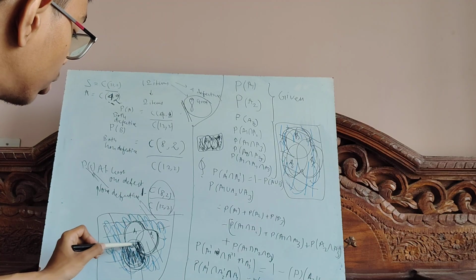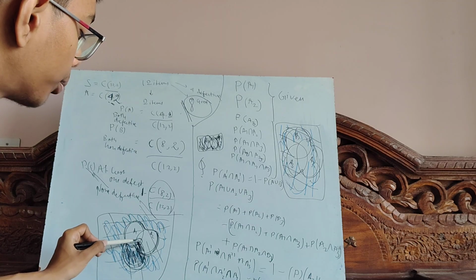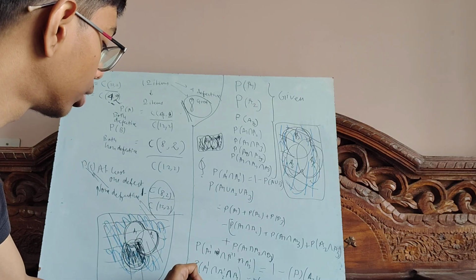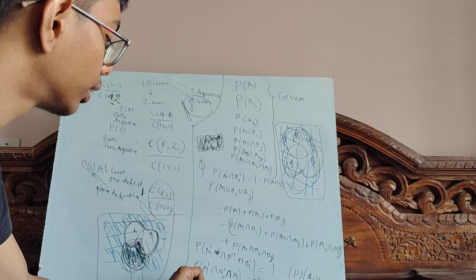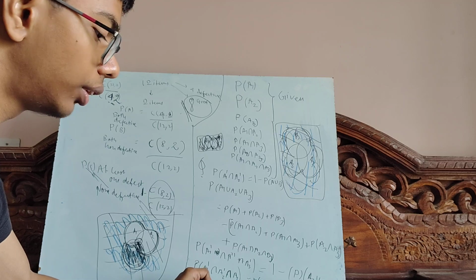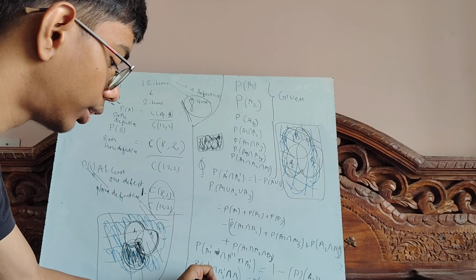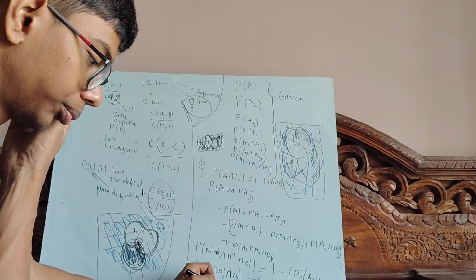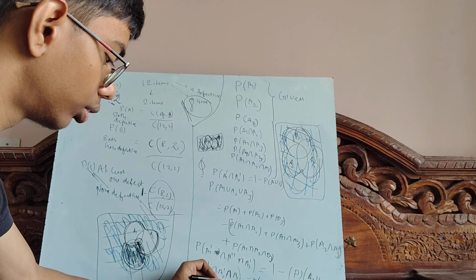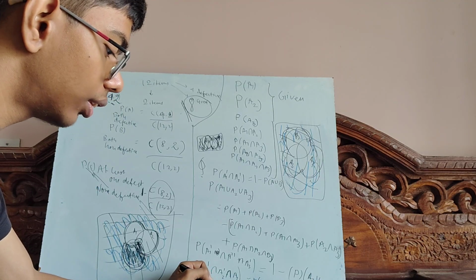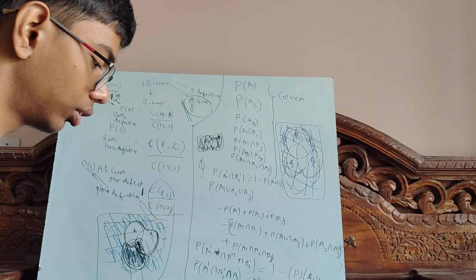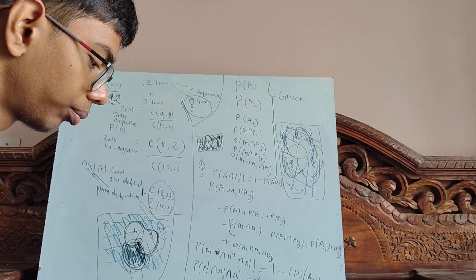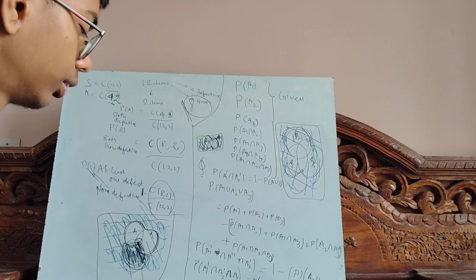And in order of this, I have removed this 2 times, but I have to remove this 1 time. So I will add this one, probability of A1 intersection A2 intersection A3, right? Right, this is the correct answer.